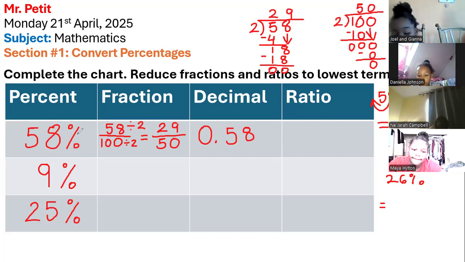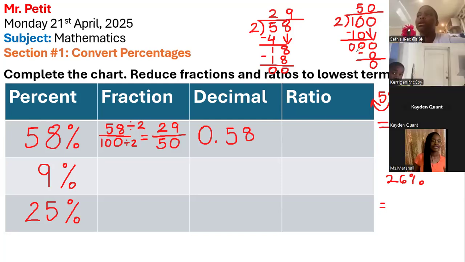If 58% as a decimal is 0.58, right? What is 26% as a decimal? Wyatt, what do you know? If you don't know, just say you don't know. I can explain it to you.